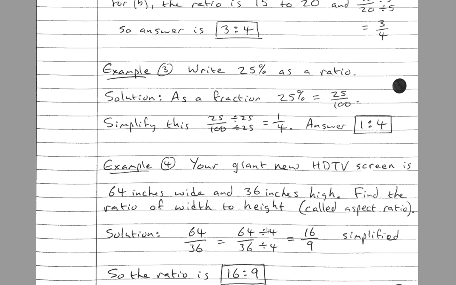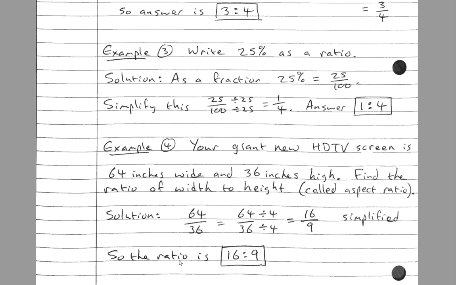The common factor is 4. If you cancel out the 4's, that's 16 over 9. So the ratio we're looking for, width to height, is 16 to 9. And that's the usual aspect ratio for new TVs.